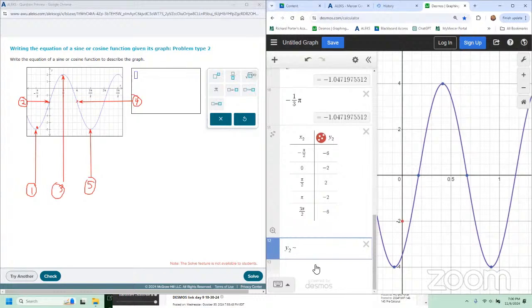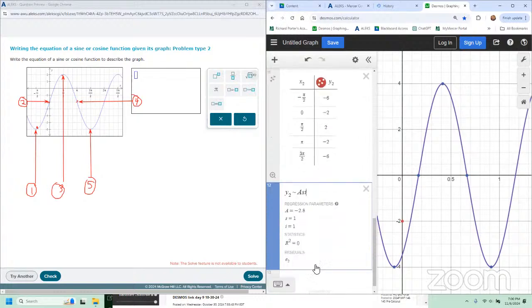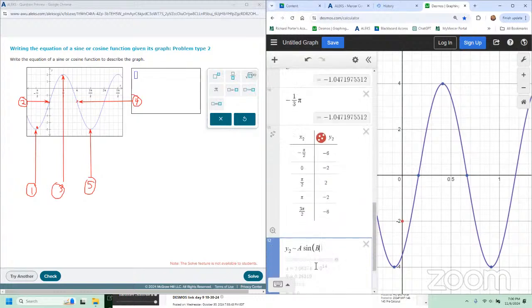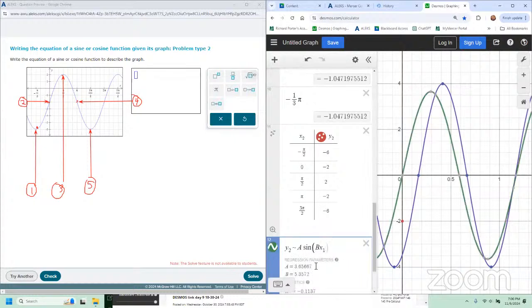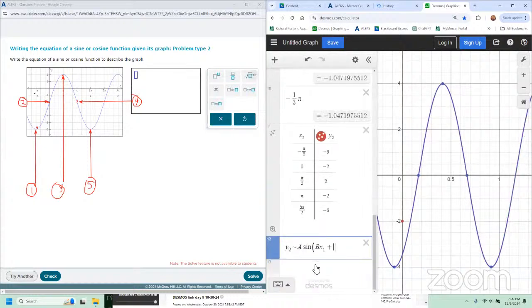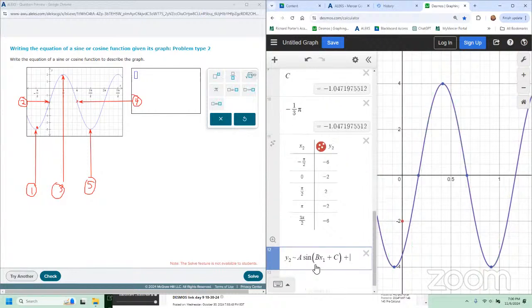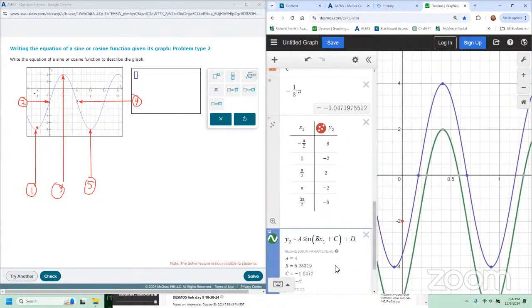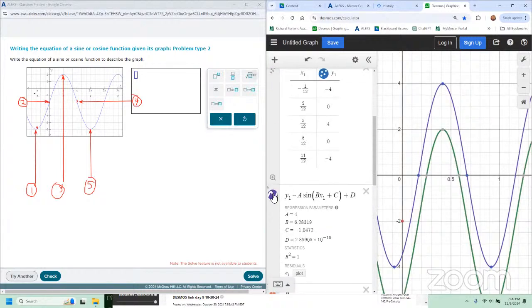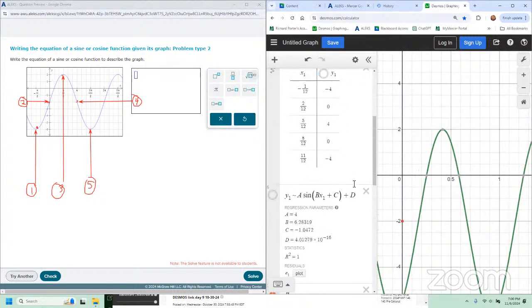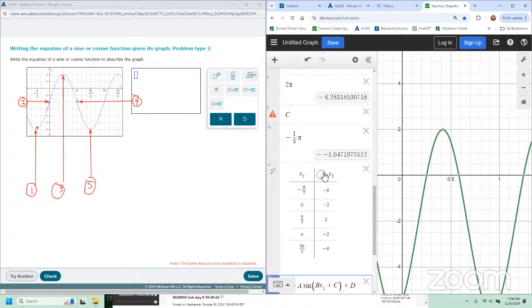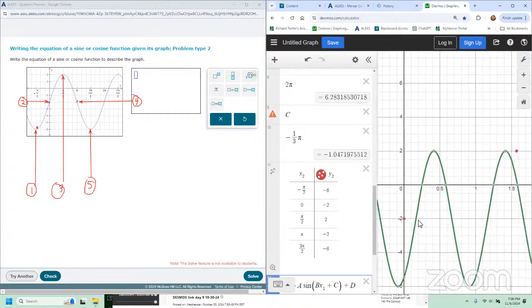y2 tilde a sine b x1 plus c plus d. Okay, let me turn off the purple one because I don't need that. So now I have the red dots.